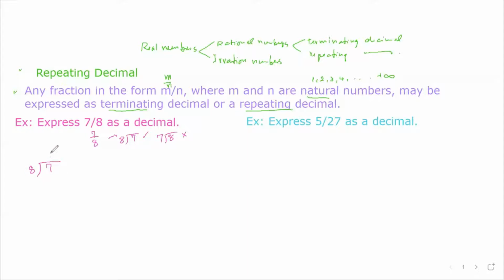So we write 0 and a decimal point and borrow a 0, so it becomes 70 divided by 8.